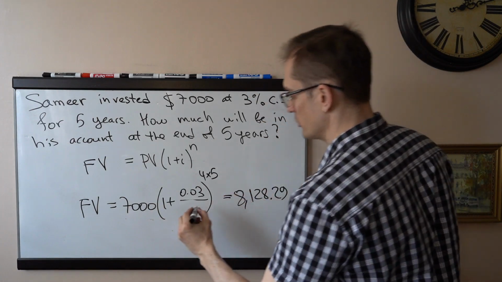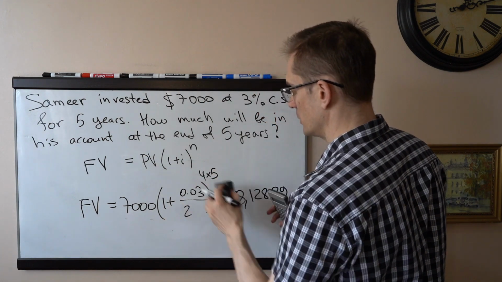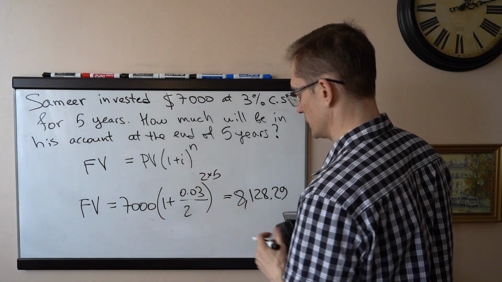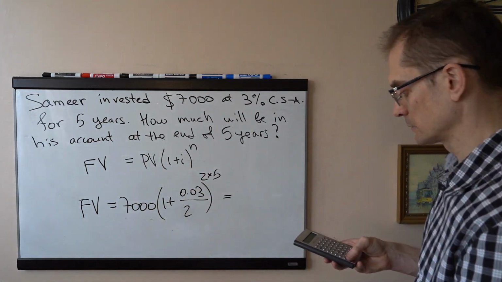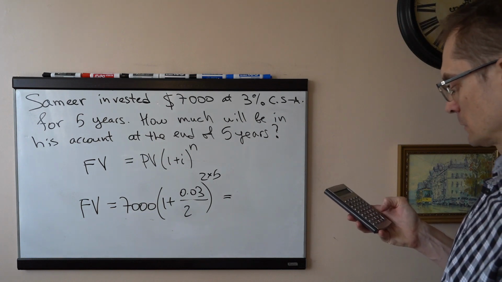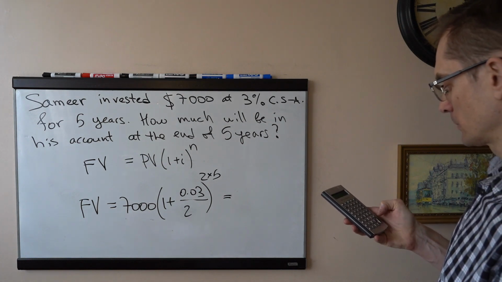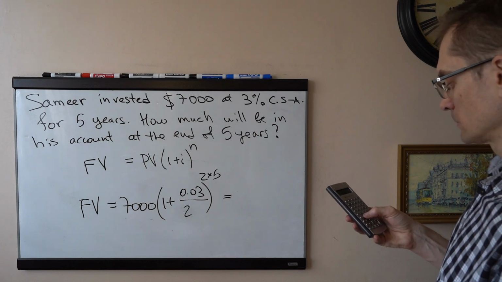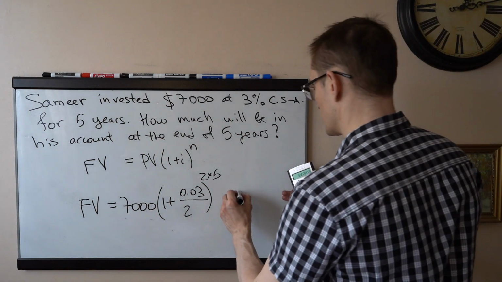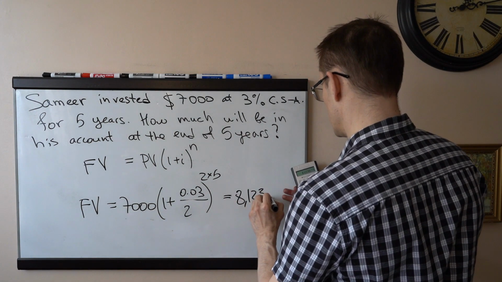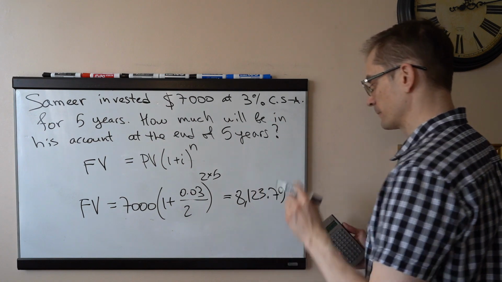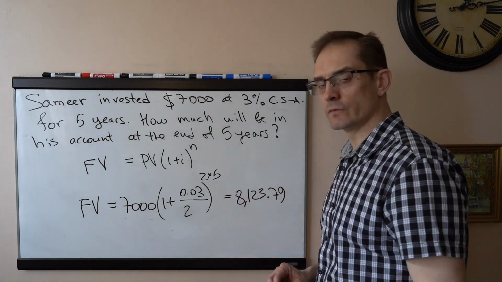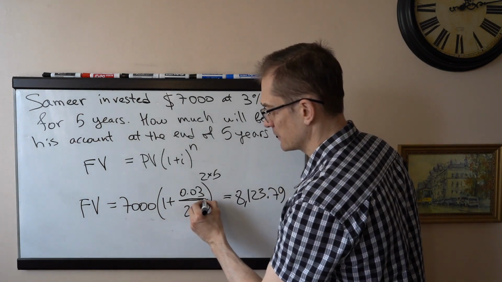Again, nominal rate doesn't change, but for semi-annual it's going to be 2 here. 2 times 5, right? $8,123.79.